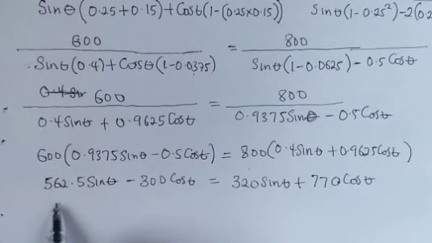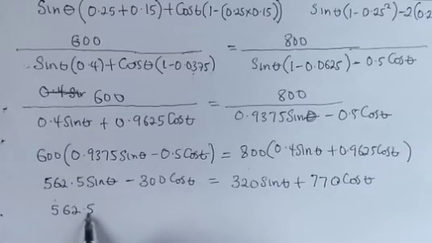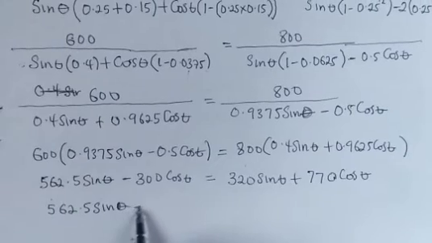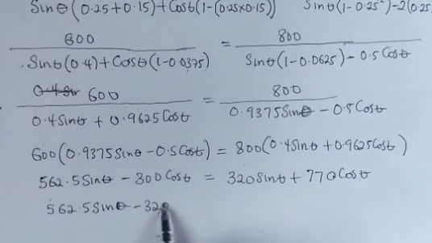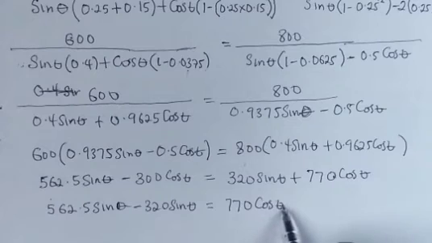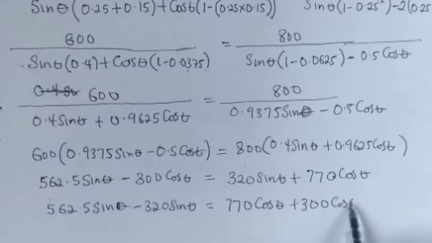Now I'll collect like terms, bring all the sine and all the cos to one side. So I can say that 562.5 sine theta minus 320 sine theta, because when it's moving it becomes negative, equals 770 cos theta plus 300 cos theta.